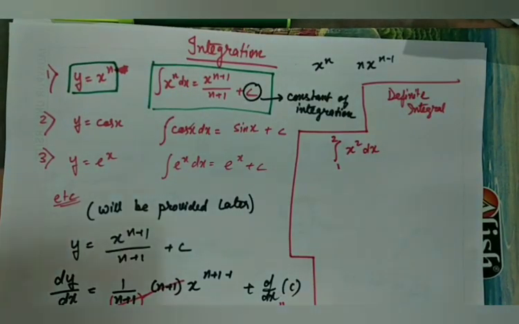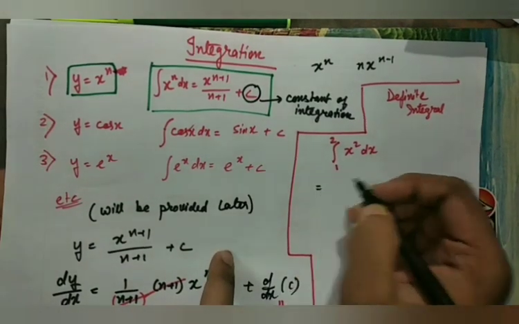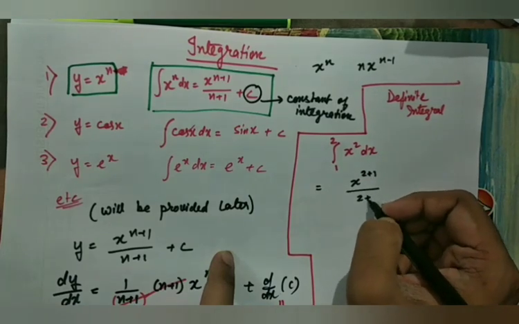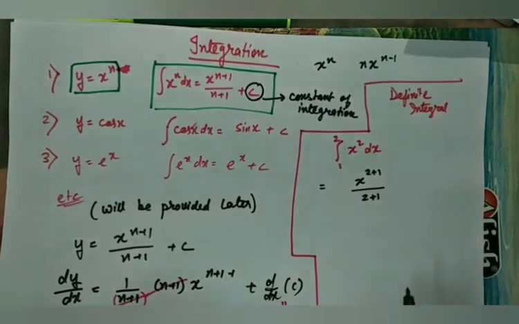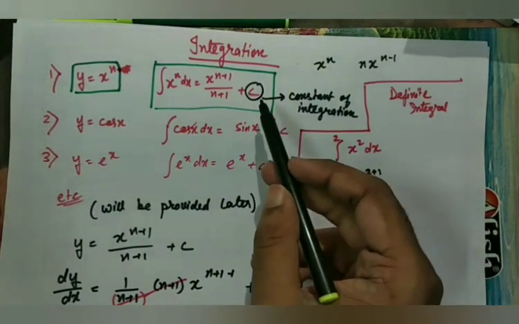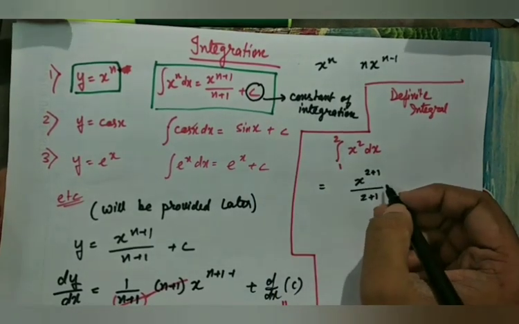How to solve this? First of all, the integration of x square will be x to the power 2 plus 1 divided by 2 plus 1. Since it is a definite integral, it has limits, so we may not give c because c will cancel out. I am showing you how.